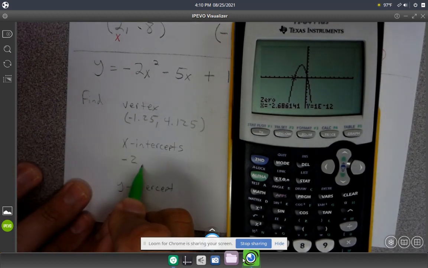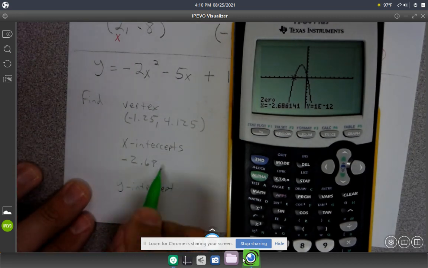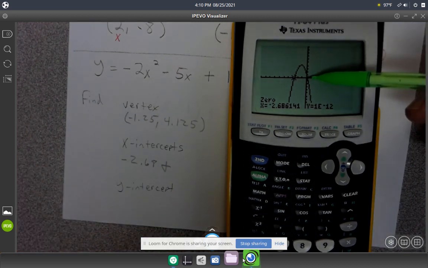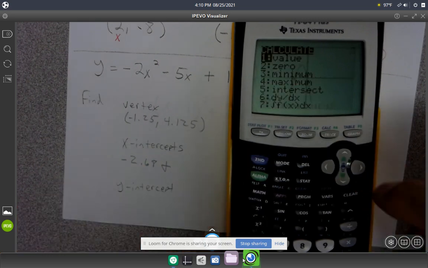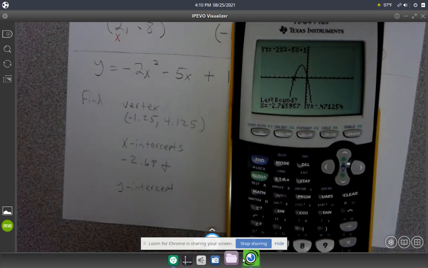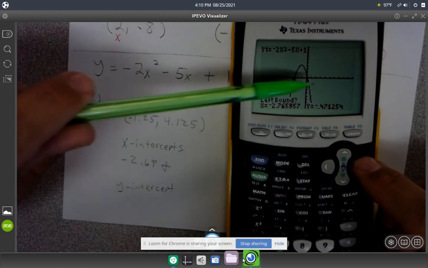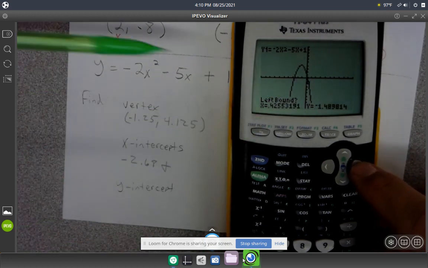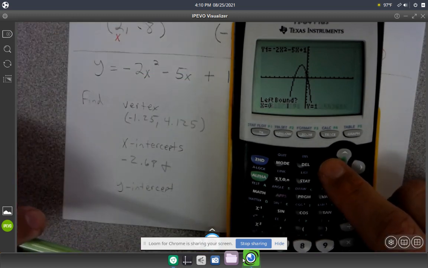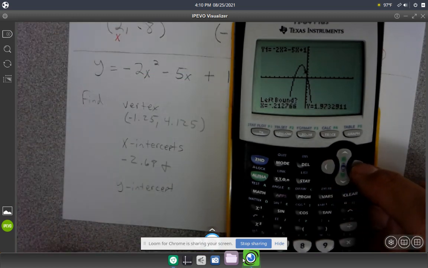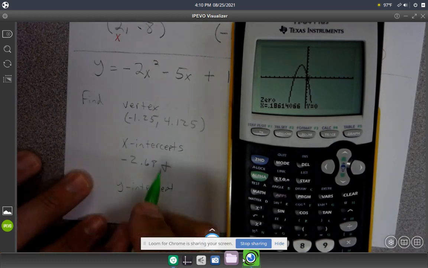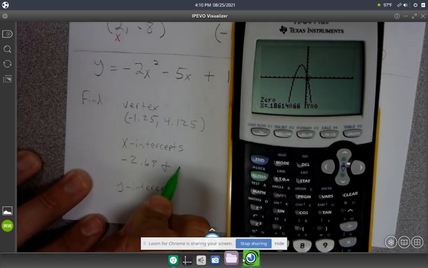That's the first one, negative 2.68. Then we have to do the whole process again for the other x-intercept. Calc menu, zero. It's asking us to get to the left of it, so move your blinking dot. If I moved it all the way past it, that would be to the right of it. I want to be on the left-hand side of it just a little bit, and then the right-hand side of it. And then guess. So 0.18, that'll work.